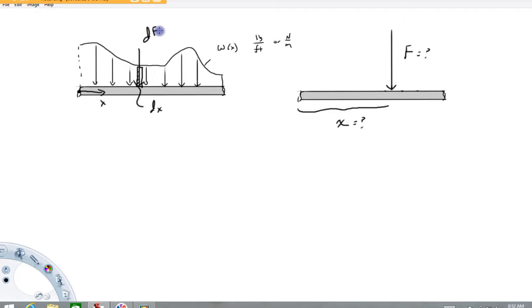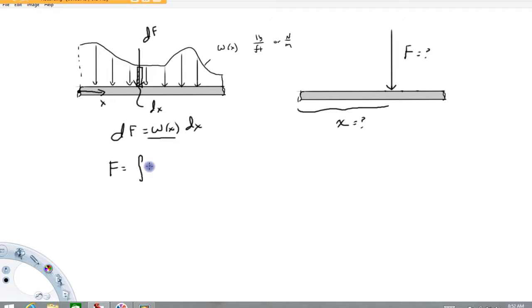It's a dF because this weight function, which has units of pound per foot or Newton per meter, is acting over an infinitely small distance. That force equals the function value times dx. The total force is then found by integration.